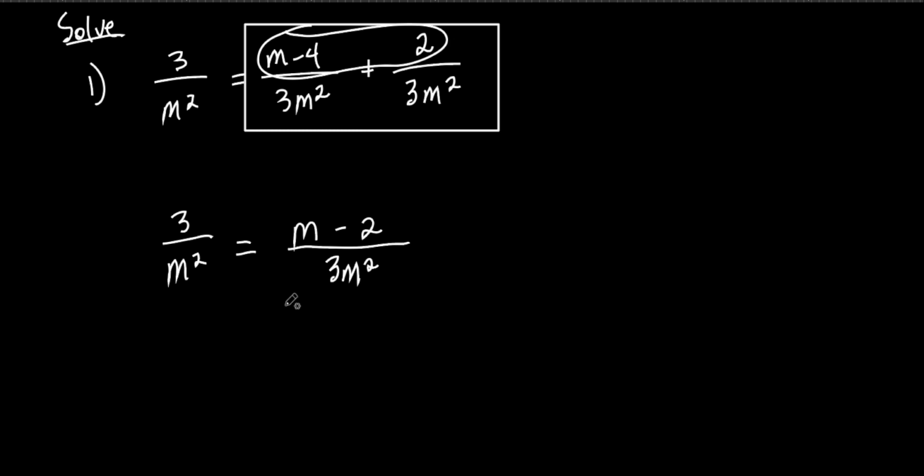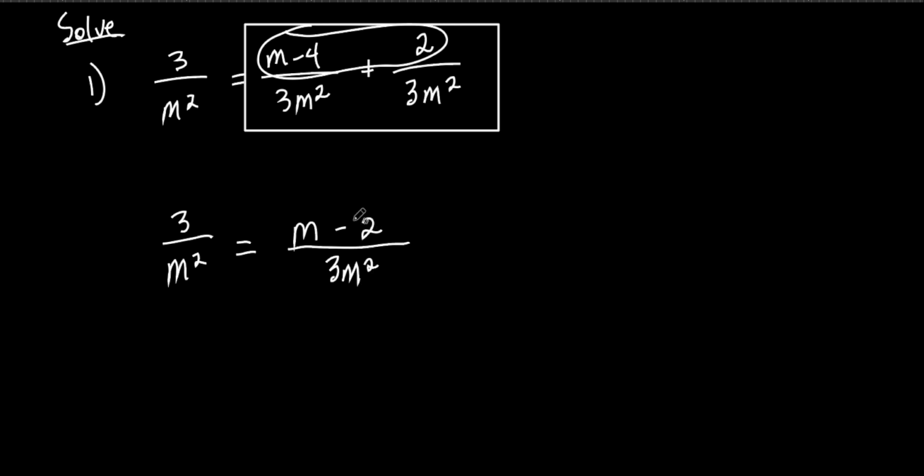Now, let's go to this step. Remember, I want to get m by itself, don't I? So what about this particular problem right now don't you like about it? They're not the same denominator. Yeah, but you got an equals in between, so you're not even trying to add them together. So that's not even an issue. You don't like the fraction, right? Yeah, the denominator. You don't like that.